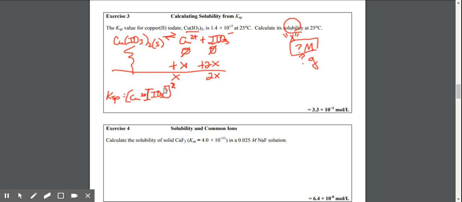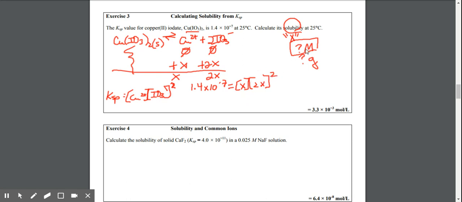Now, my next agenda is I want to plug in these expressions, and I have a K value, so I'm going to plug my K value in as well. So here we go. Ksp is 1.4 times 10 to the negative 7. My Cu2 plus is x, and my IO3 minus is 2x. Don't forget your coefficients right there, squared.